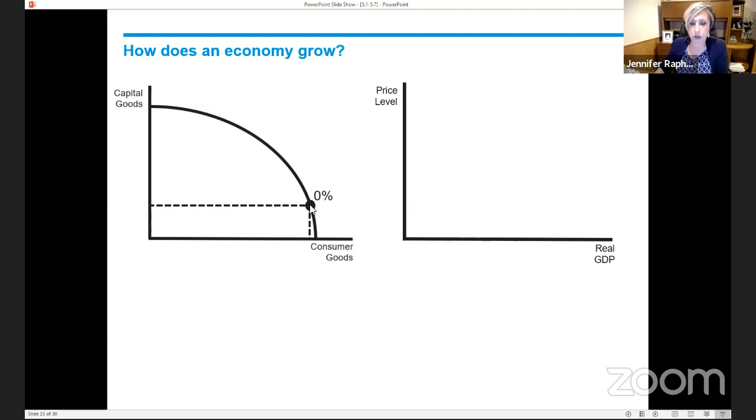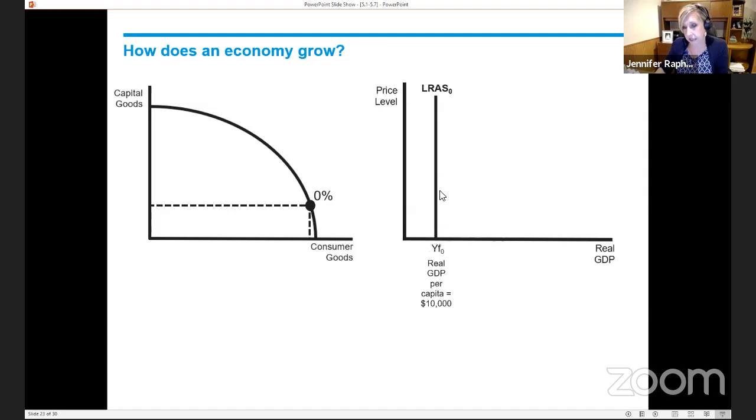So you need to be producing some amount of capital goods this year just to be able to have the same amount of productive capacity next year. Right? You have to do some spending this year on capital goods in addition to whatever consumer goods you are producing. So let's assume that the economy is producing at this point on its PPC, which corresponds with this amount of real GDP.